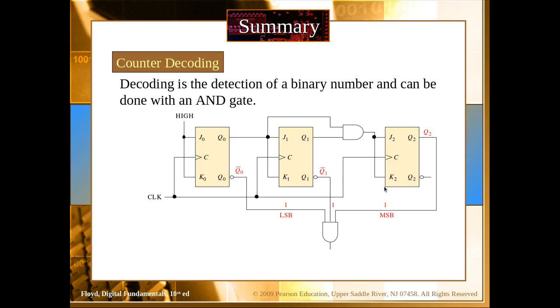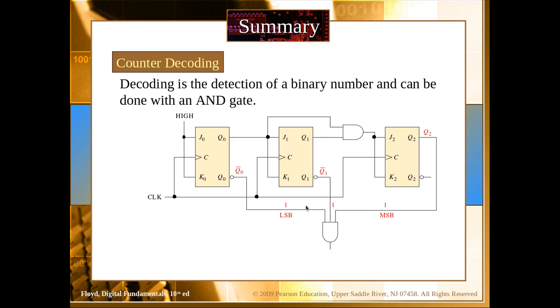and so on. And the third one is connected to Q2, which would be high if Q2 is high. So that means we need Q0 and Q1 both to be low, such that Q0 bar and Q1 bar would be high, and so on.